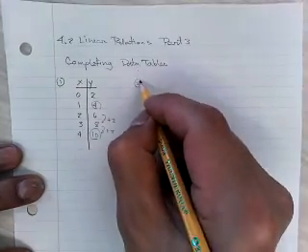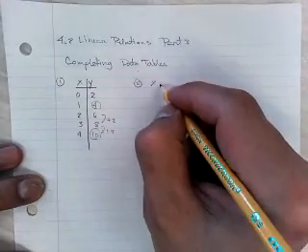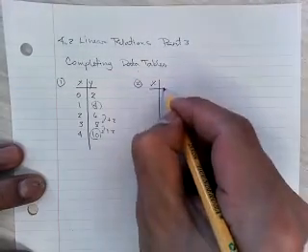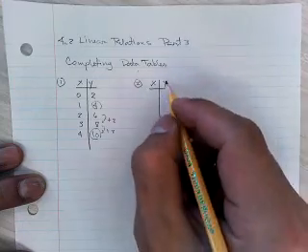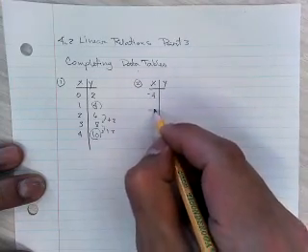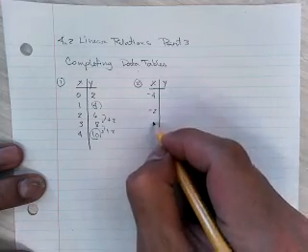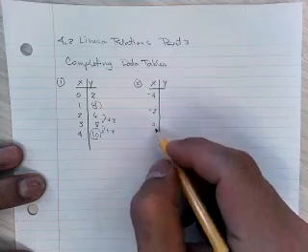Now I gave you a more difficult example in class, so I'm going to repeat how to do that here in this video. This was the example that I gave you, where I have -4, -2, 0, and 2.